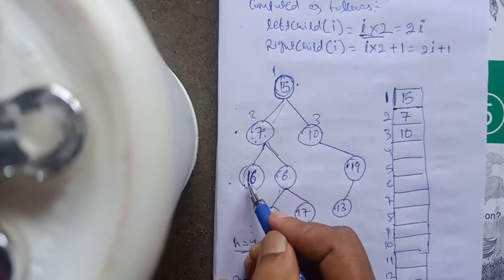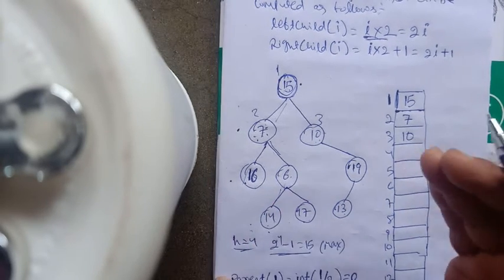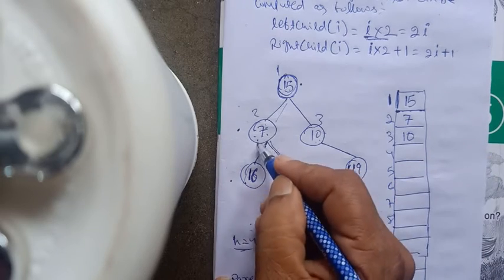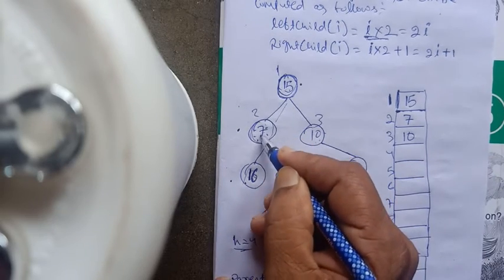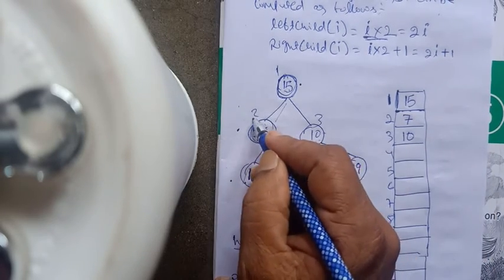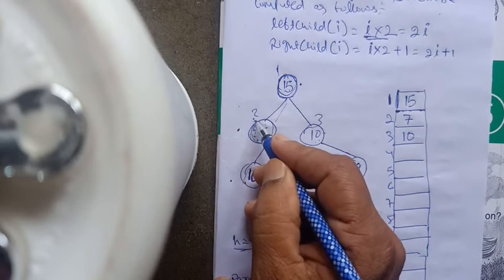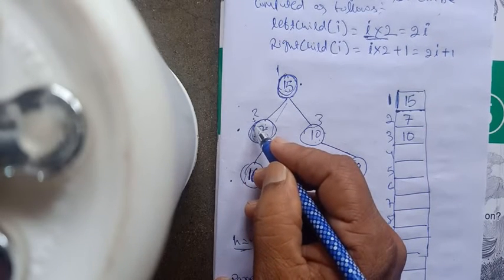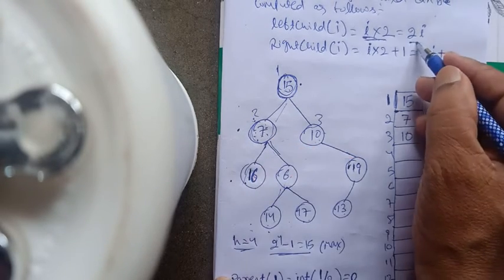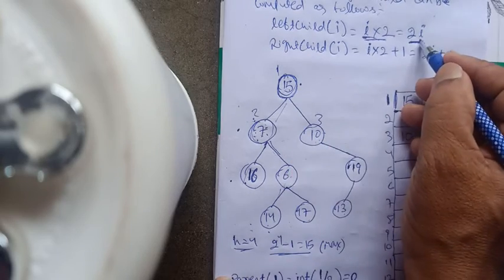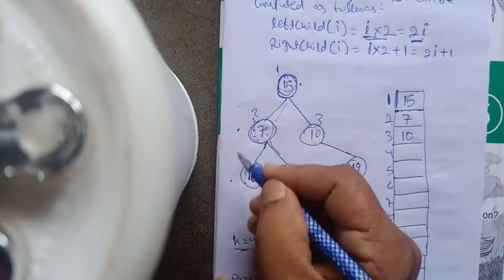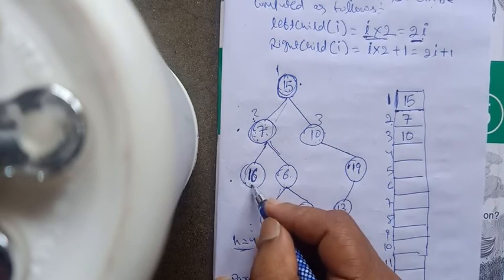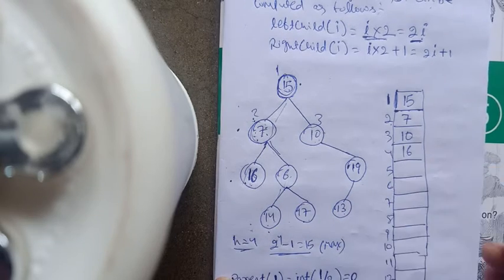In which index should this 16 be stored in the array? What is the index value of the data 7 that is stored in the array? Index value is 2. So its left child should be computed by the formula 2i, where i means 2. So 2 into 2 is 4. So 16 must be stored in index 4. So let us store 16 here.